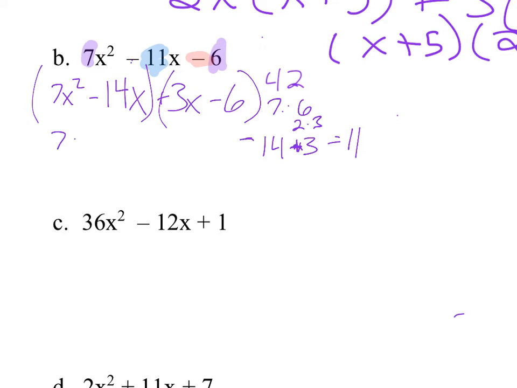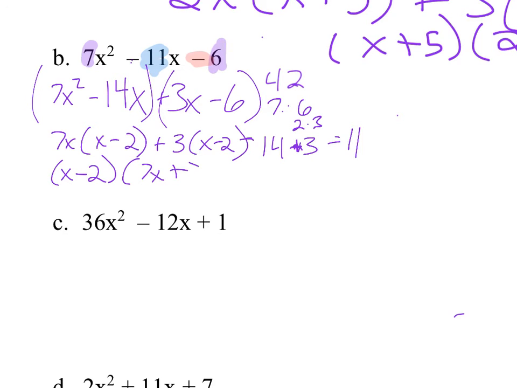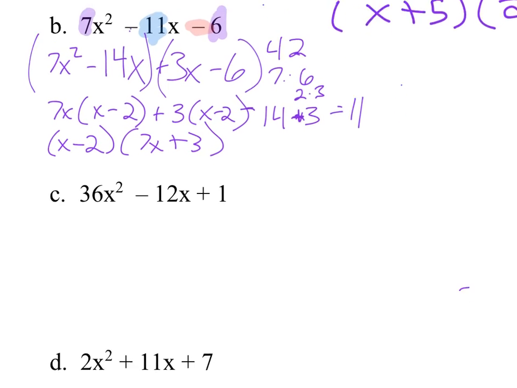So I have 7x times x minus 2 plus 3 times x minus 2. Factor out the x minus 2, 7x plus 3. There we go. Okay, that's our factored form.